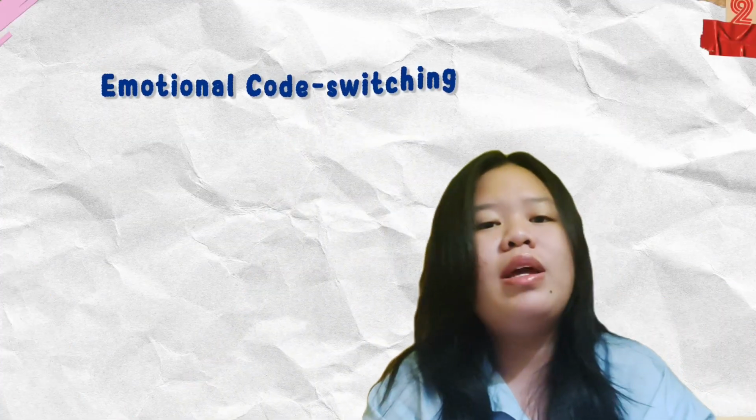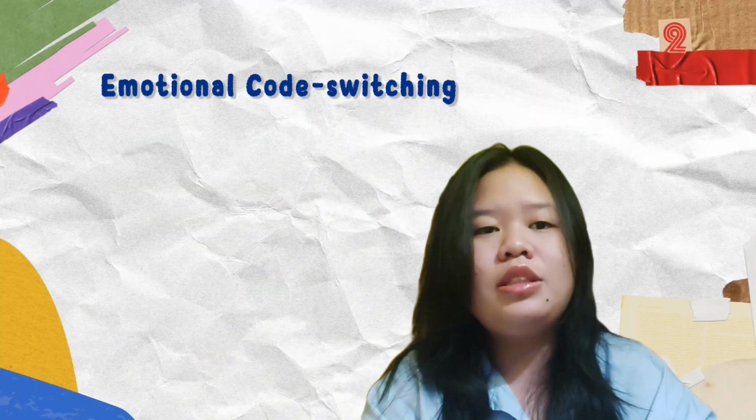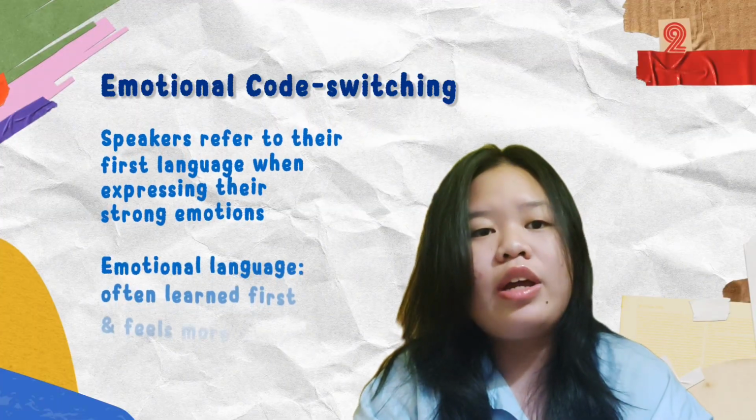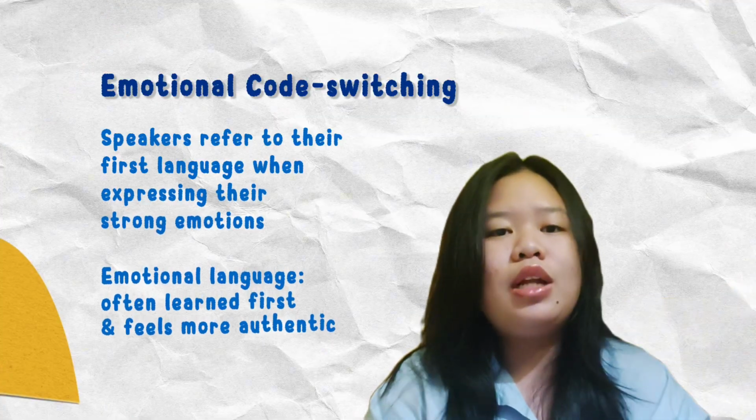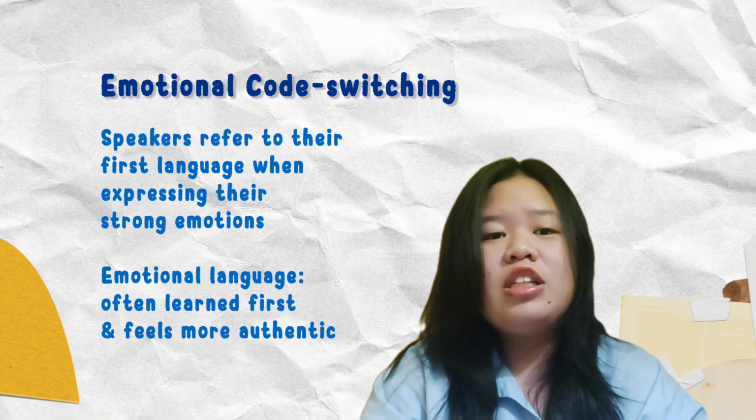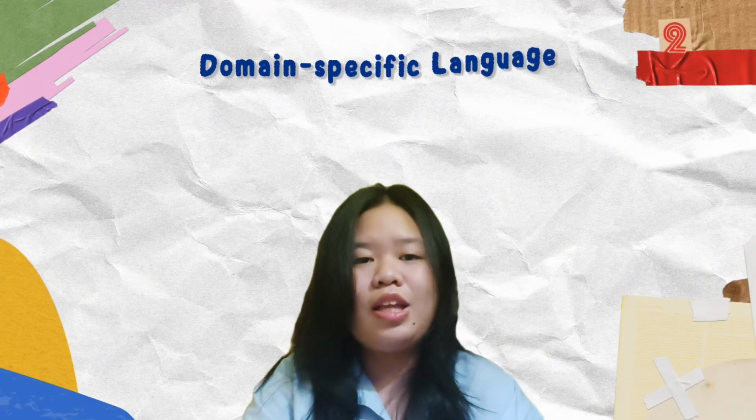So in sociolinguistic terms, we are seeing what's called emotional code switching. Many Indonesian bilingual speakers revert to their first language when expressing strong emotion because emotional language is often learned early and feels more authentic.